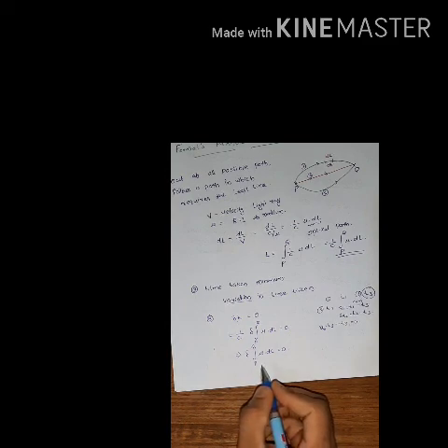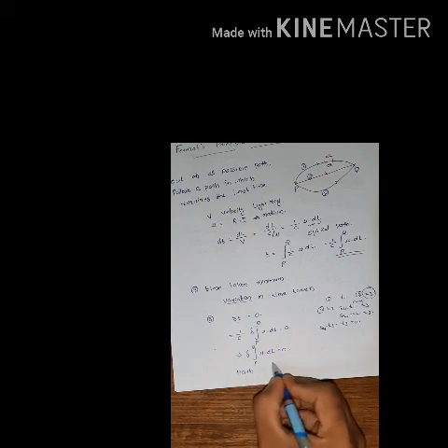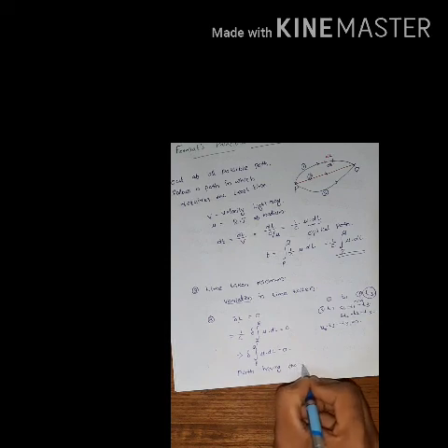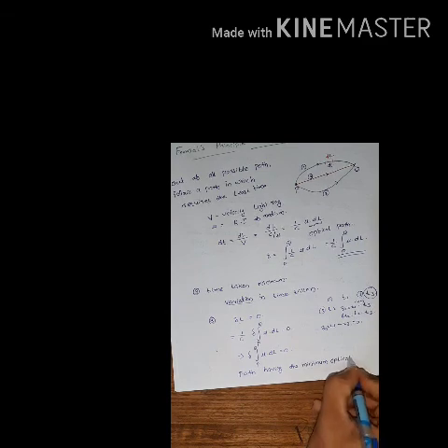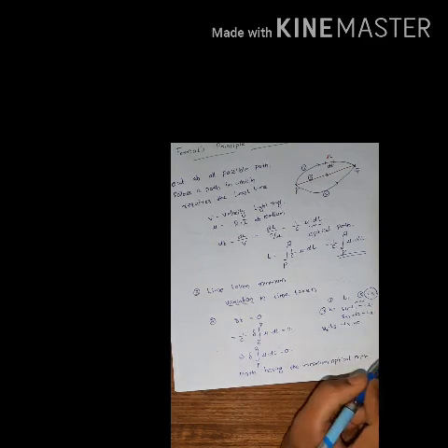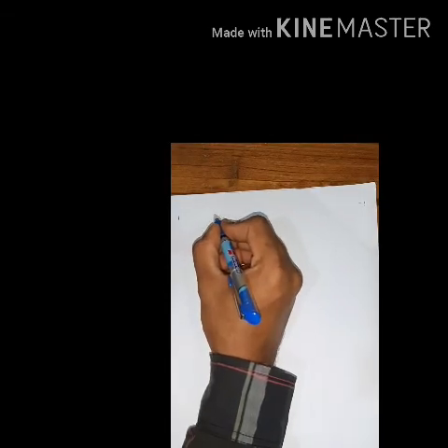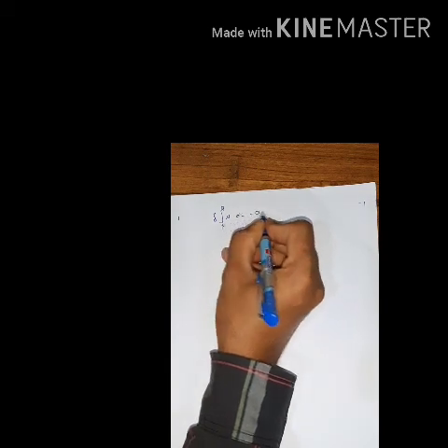Light will choose a path having the minimum optical path. So we have our restated Fermat's principle as delta of integral p to q mu times dl is equal to 0.